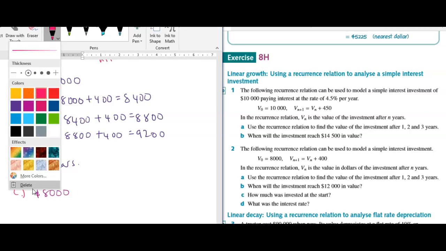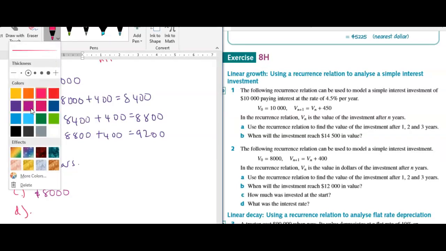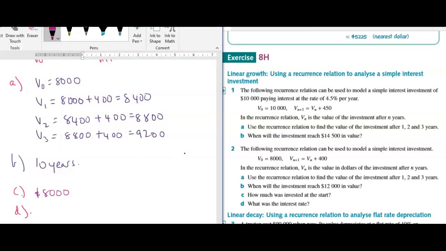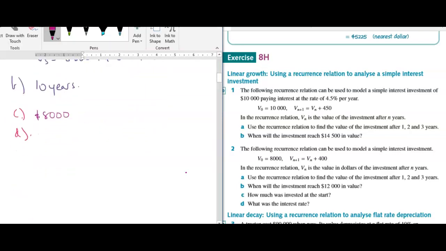So when we're doing the interest rate, okay, so we take the interest, so it's 400. Take it over the initial value, 8,000. And we can just pop that in and multiply by 100. Converting it to a percentage, we need to multiply it by 100.